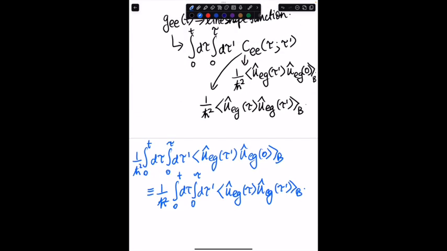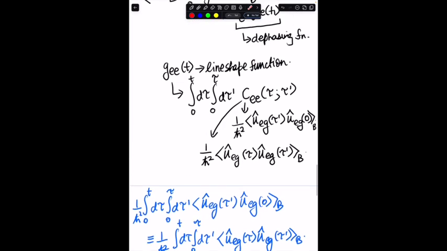So I'll prove the equivalence of this very soon. Just a word of caution, I'm not trying to say that these two are equivalent. I'm trying to say that the integrals are equivalent to each other, and we will prove that soon.